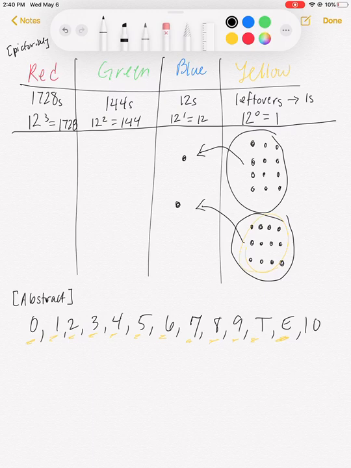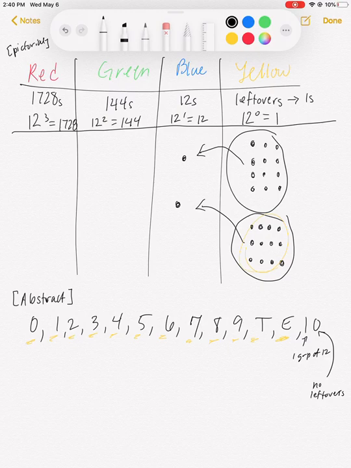Okay, so this 10 means 1 0 base 12. One group of 12, no leftovers. Okay, that's what we want you to get out of all of this place value: that the symbol for 10 is one group of the base and no leftovers.